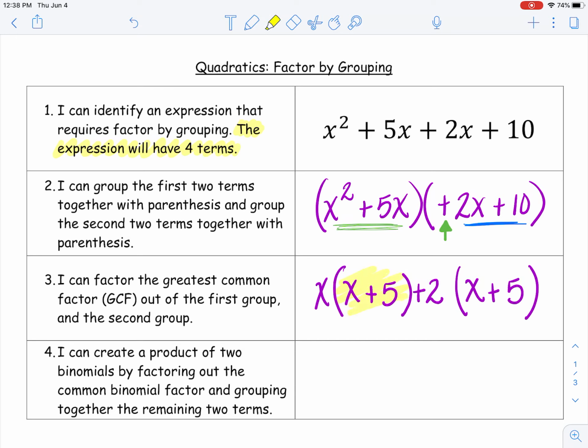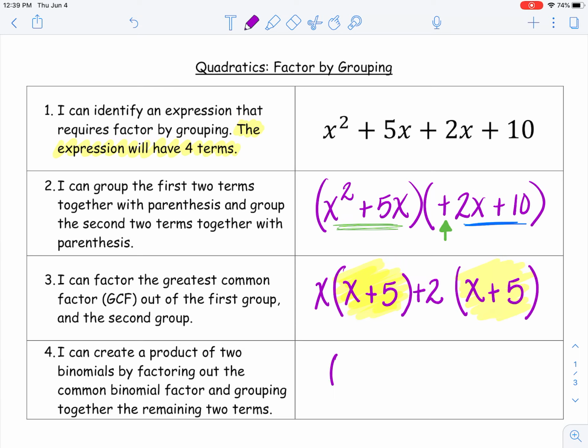Okay, and hopefully you notice that these 2 binomials are the same. If your 2 binomials are not the same, you have not factored the greatest common factor. Or maybe you've made a mistake in factoring, but you cannot move any further unless both of those binomials are the same. And then this just becomes a problem just like we did on Friday.